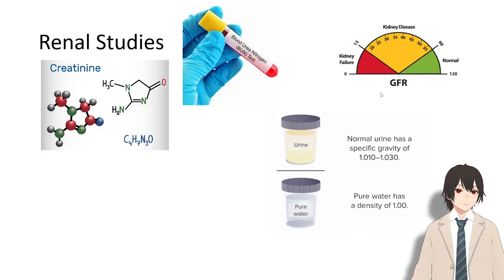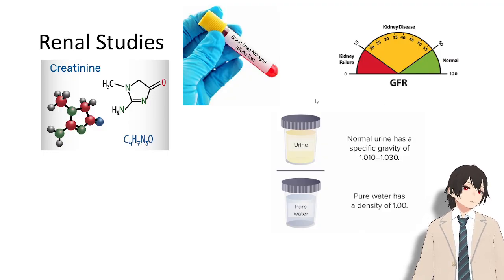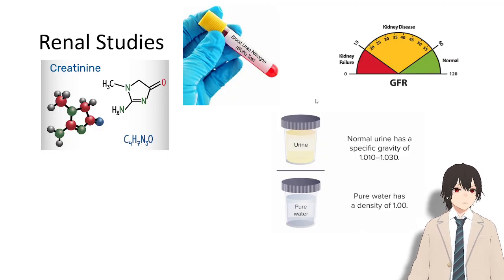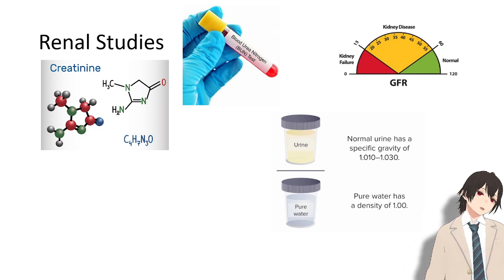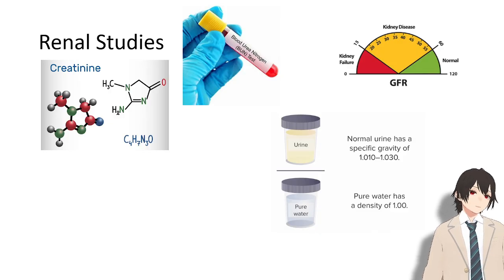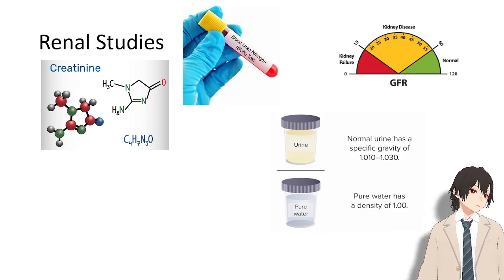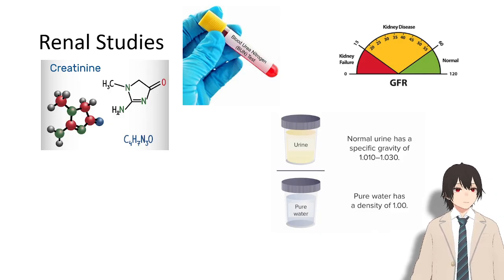The next one is urine specific gravity, USG. It's talking about the concentration of urine. Okay, so it usually has this range on screen, 1.010 to 1.030. The bigger the number means that it has more particles in the urine. So you can think of it has more stuff. There's more solute, right?